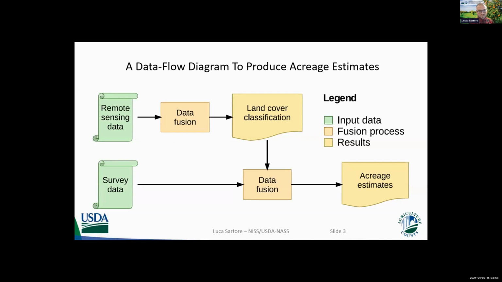So once we have the remote sensing images, we produce some sort of data fusion methods that we use to obtain land cover classification. This land cover classification is then fused with other data from the survey. And once this fusion is finalized, we can produce estimates for acreage.